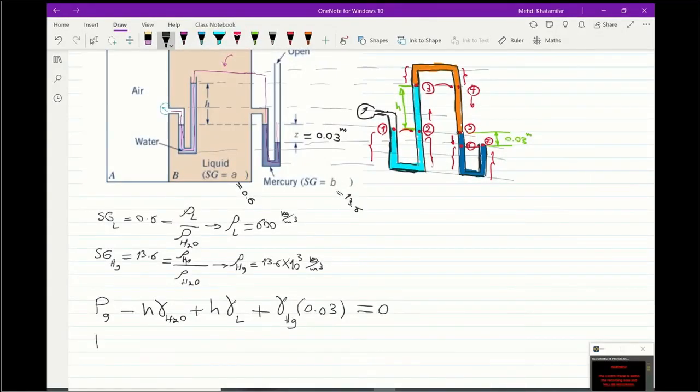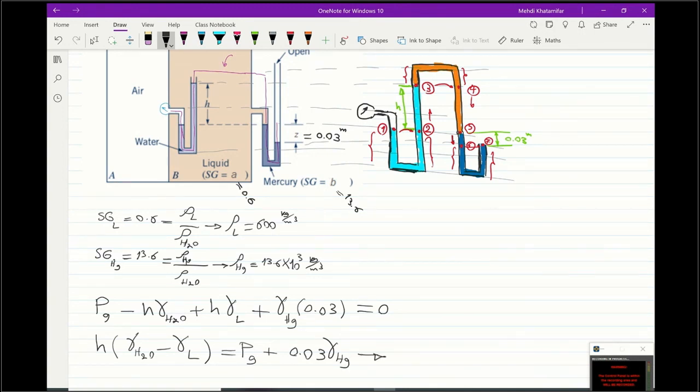Let's plug the numbers and factor H. If I factor H, I'm going to have gamma for water minus gamma for that liquid equal to the pressure of the gas plus 0.03 gamma for mercury.